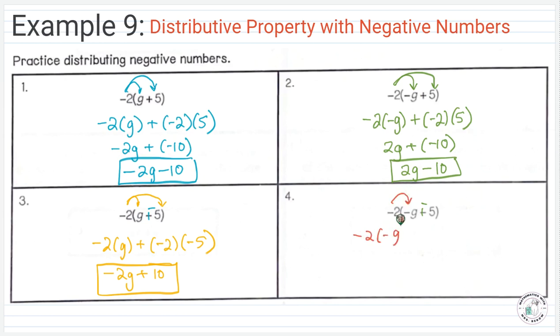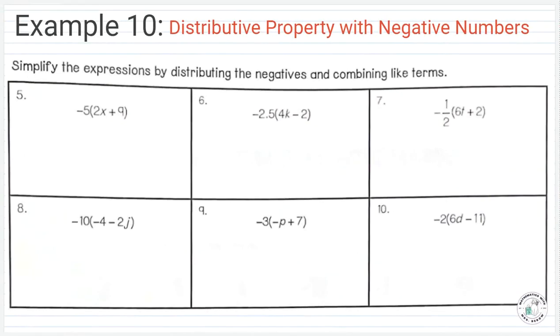Again, I'm going to write out my steps, bring down that plus sign that we have now rewritten because we did keep, change. So -2 times -5 is going to be the last multiplication we have to do for this one. -2 times -1g is going to be a positive 2g, plus we're going to have -2 times -5, which is a positive 10. And that's my final answer for that question.